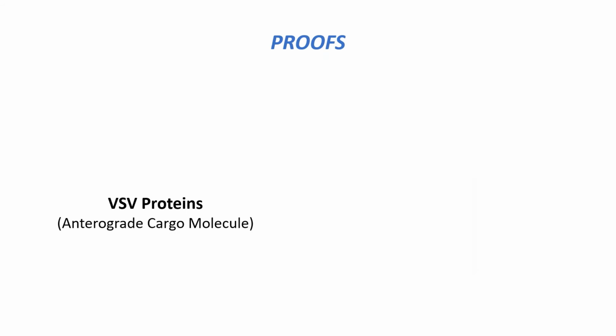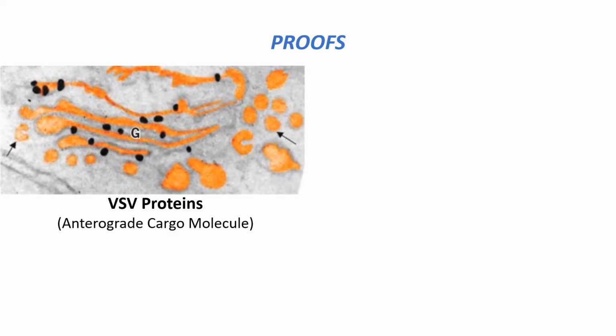So here are some proofs. So first we have the vesicular stomatitis virus proteins. So remember that virus, it's an anterograde cargo molecule. So meaning to say, it's supposed to be moving forwards, no, from the ER to the trans portion of the Golgi complex.